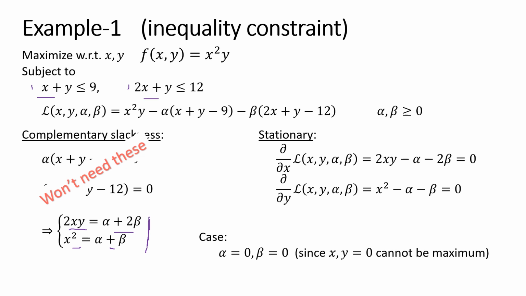And since x equals 0, this cannot be the maximum. So we don't really need to consider this case. Y can be anything here, by the way. It doesn't have to be 0. Only x has to be 0 for this. So we don't consider this situation where alpha and beta are both zeros, that is, when both the constraints are inactive.